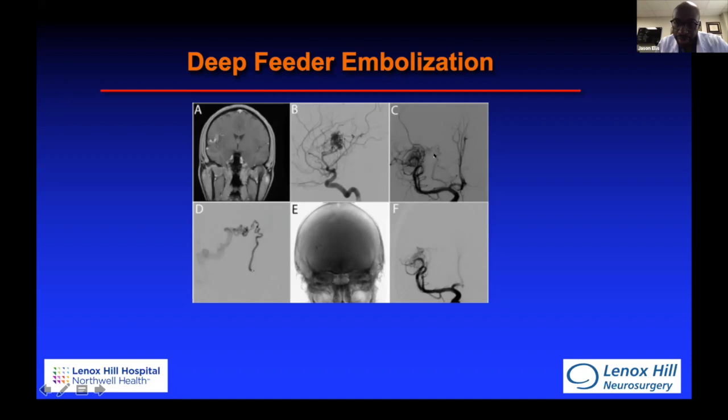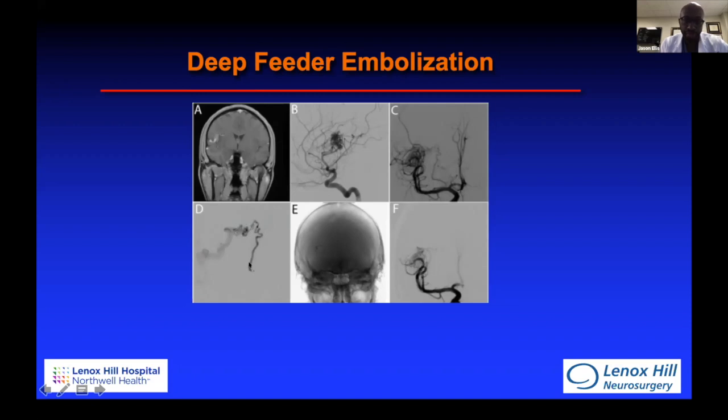And this is a lenticulostriate feeder, which is on the deep side of the AVM. And this is a microcatheter angiogram of that singular deep feeder, which really would be the last vessel you would encounter when microsurgically resecting this.